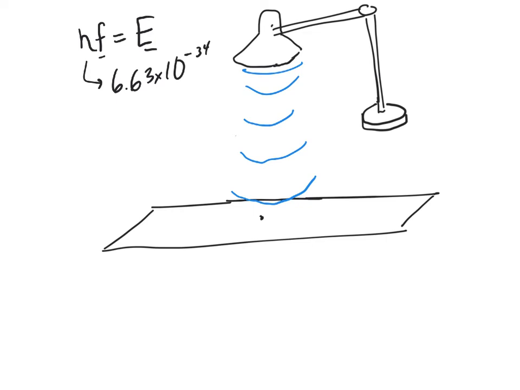So anyway, they're sending down high frequency light, not a ton of it, but some. And as soon as they start sending this down, they start seeing electrons popping off this stuff, which is weird. Great and weird. Because to them, it's like, okay, why do we need a certain frequency in order to get these electrons to pop off?